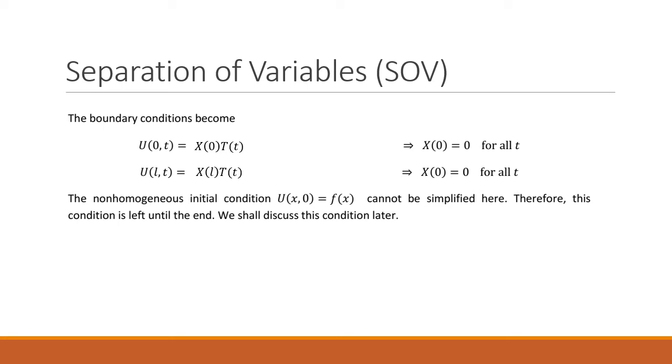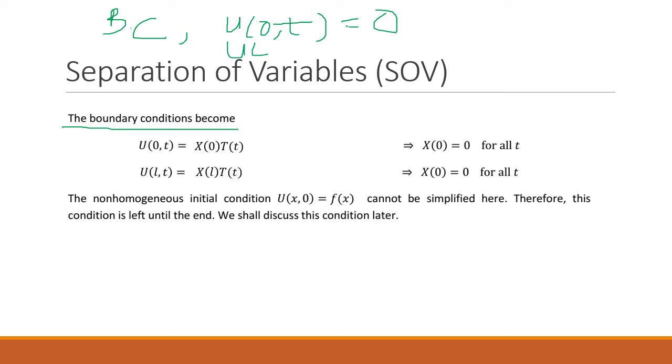Okay, so bila kita gunakan separation of variable kepada kita punya PDE, untuk homogeneous boundary conditions pun kita buat separation of variable juga. So, tadi kita ada dua homogeneous boundary condition, kan? Okay, kita ada U(0,t) equal to 0 dan juga U(L,t) pun equal to 0 juga.